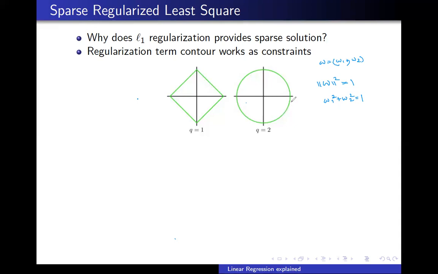So if this constraint is satisfied, the constraint is a circle, something like this, which is basically the squared 2 norm. Now, if you have an L1 norm, it says the absolute value of W1 plus the absolute value of W2 is equal to 1.